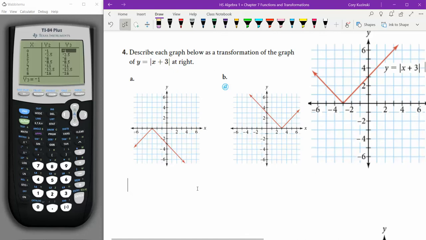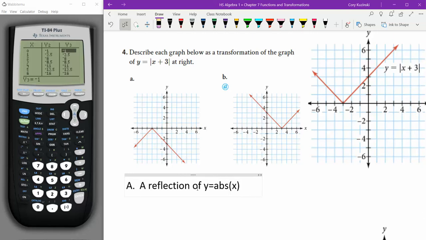I just used the I word, though. I don't want to do that. So let's go. A reflection of y equals the absolute value of x. It's just an easy way to type it. So getting those vertical lines for the absolute value bars over the x-axis.